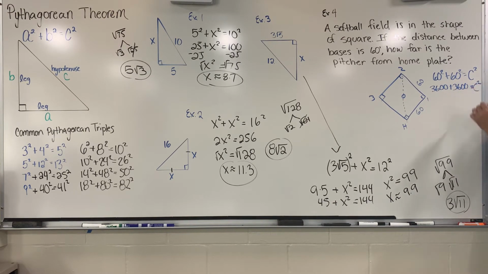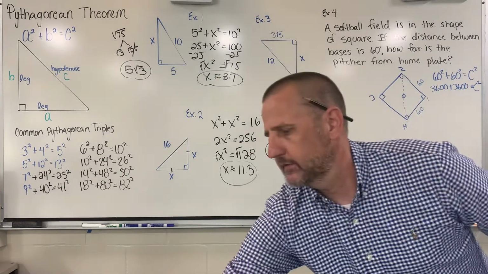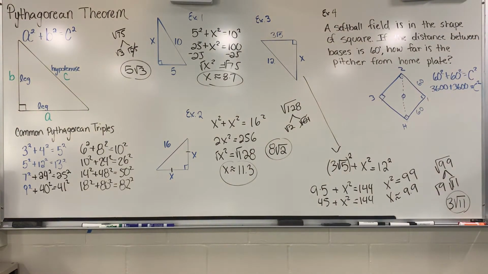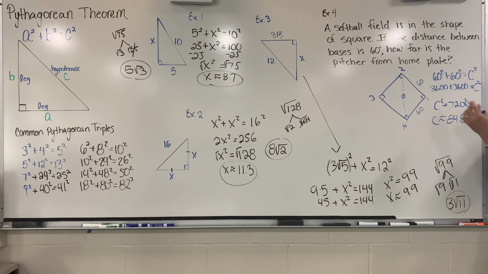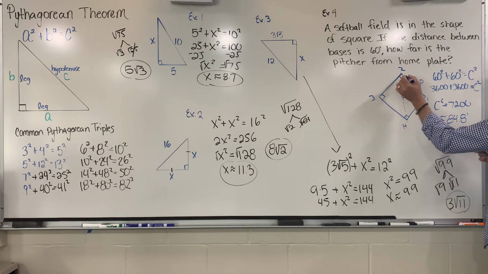Add them together and we get 7,200 equals c squared. Taking the square root, c is 84.8 feet from home to second base.